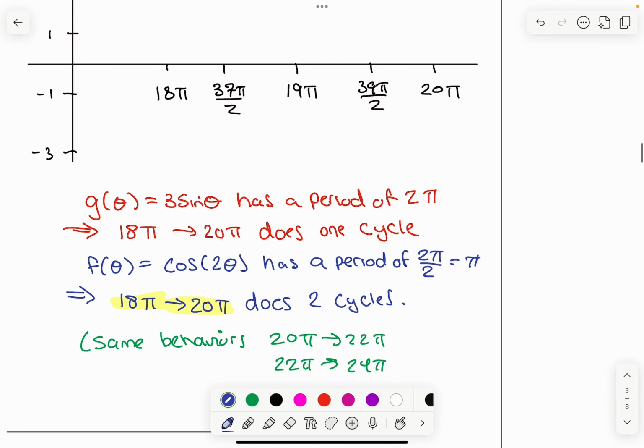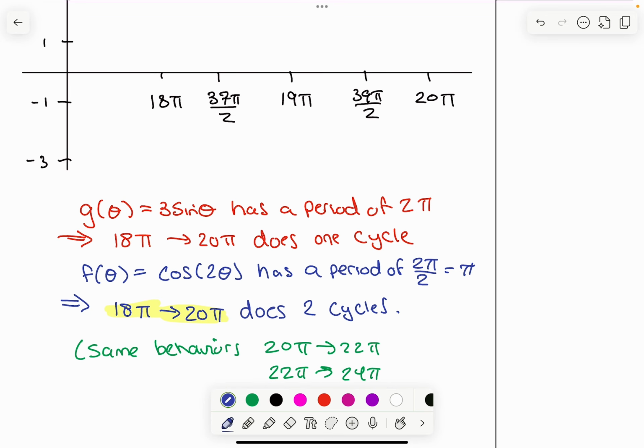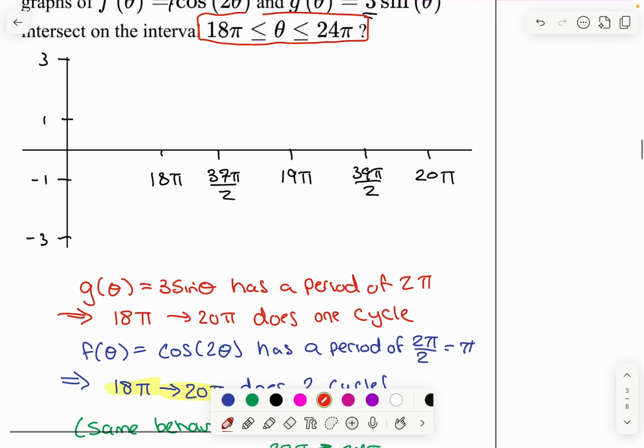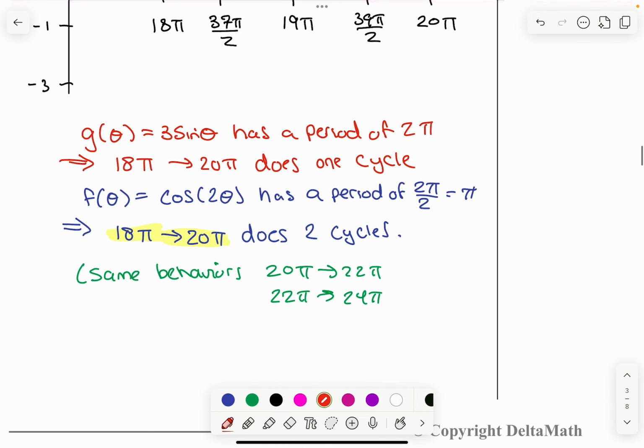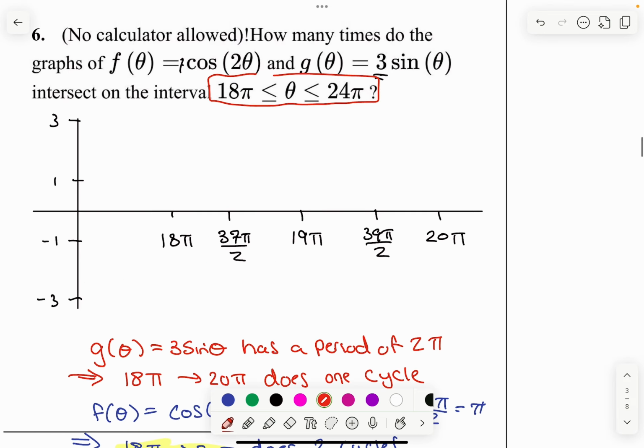Okay, so let's do sine first. If you evaluate 3 sine of 18 pi, that is 0.